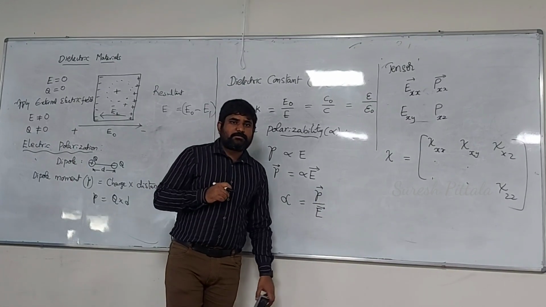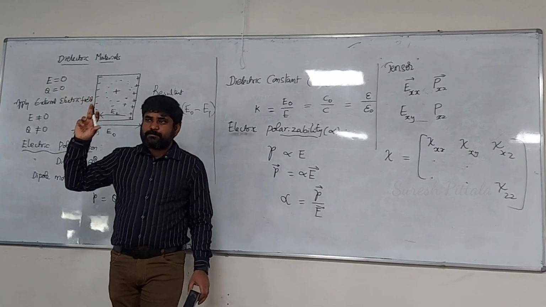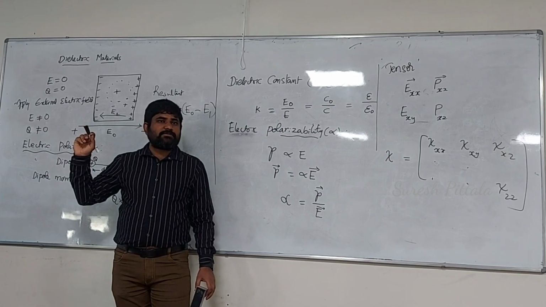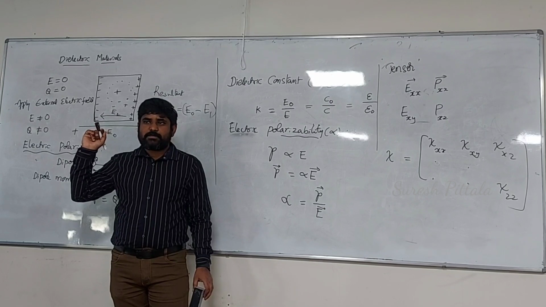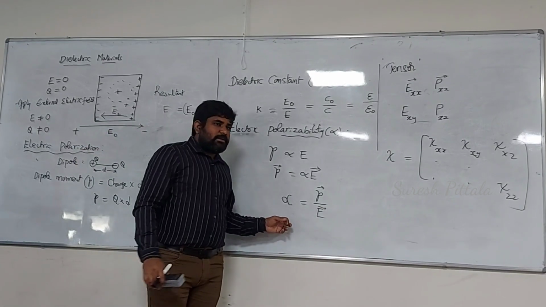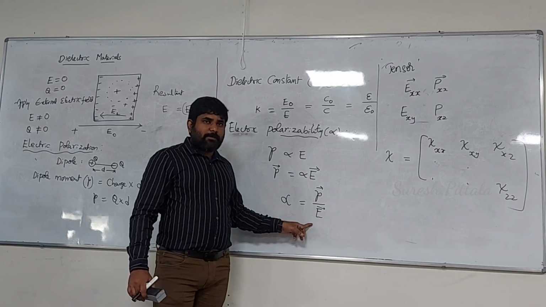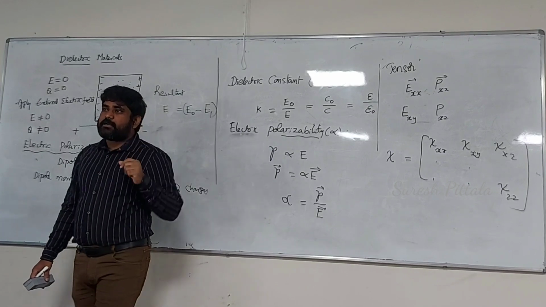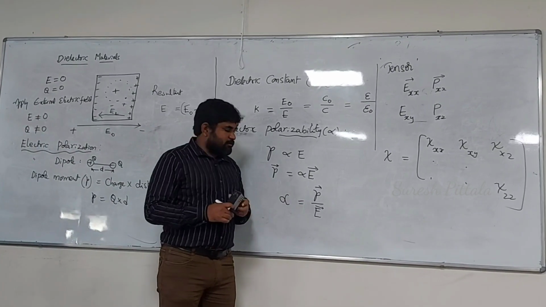Whereas chi gives polarization, capital P, overall you are looking at. And also it gives the sort of cutoff for the electric field also. So this defines dipole moment per applied electric field, whereas chi defines polarization per applied electric field. Capital P and this is small p. There is a difference, don't get confused.